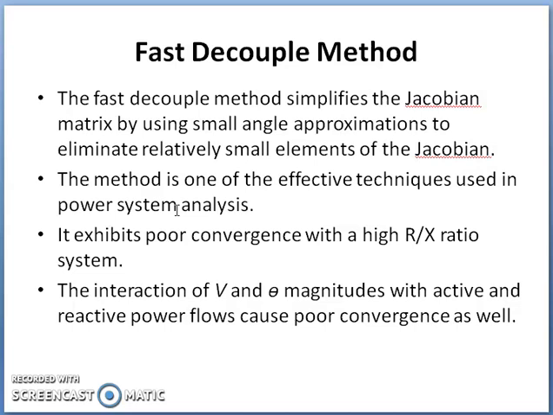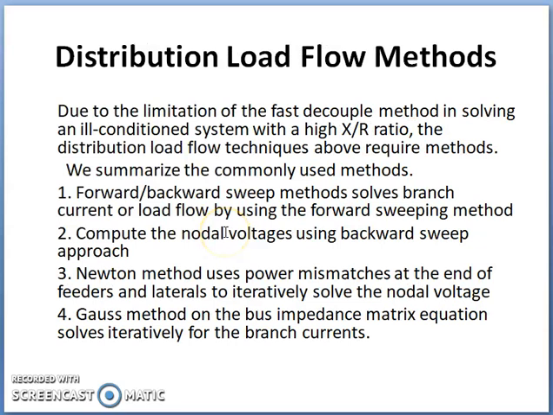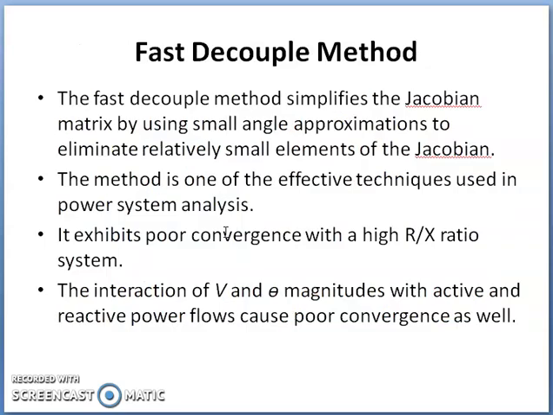Usually this method is one of the effective techniques used for power system analysis. So what I mean to say is, all these load flow methods whatever we are using, those methods are very effective.